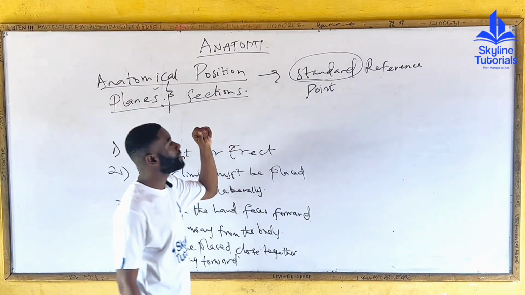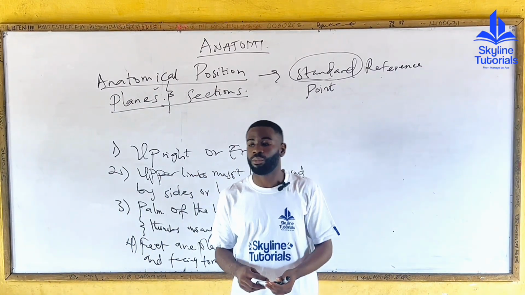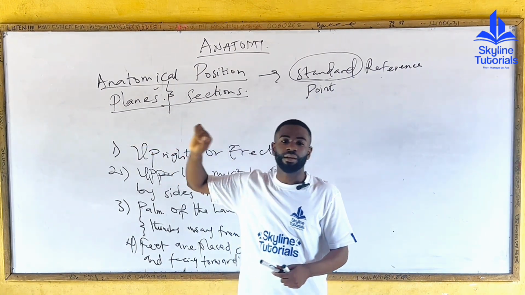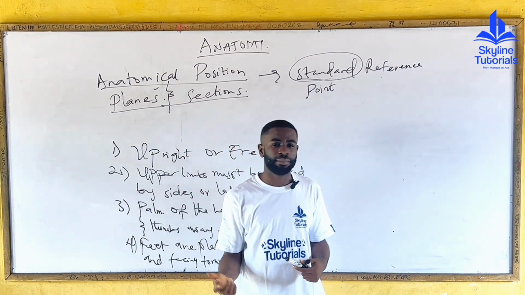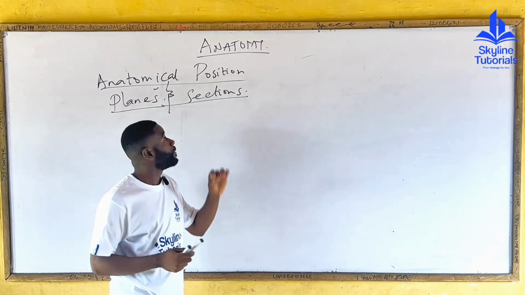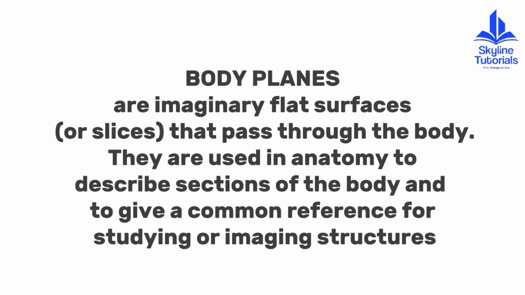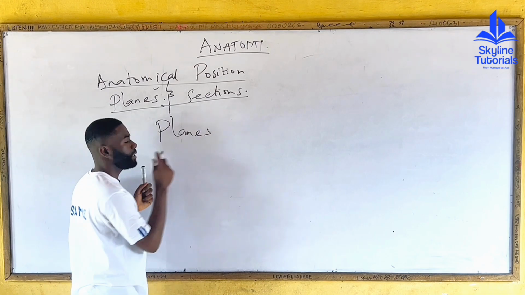Anatomical position helps in the description of body planes. So that will lead us to discussing the different body planes we have in the system. Body planes are basically imaginary lines that divide the body. Generally, there are three body planes.